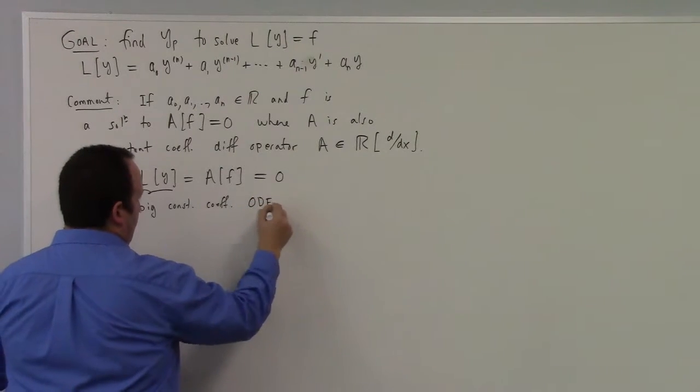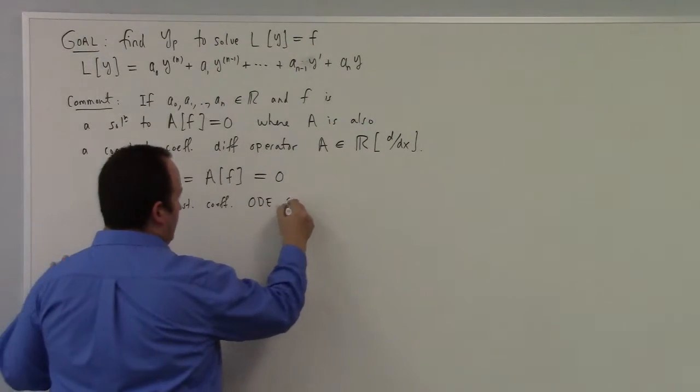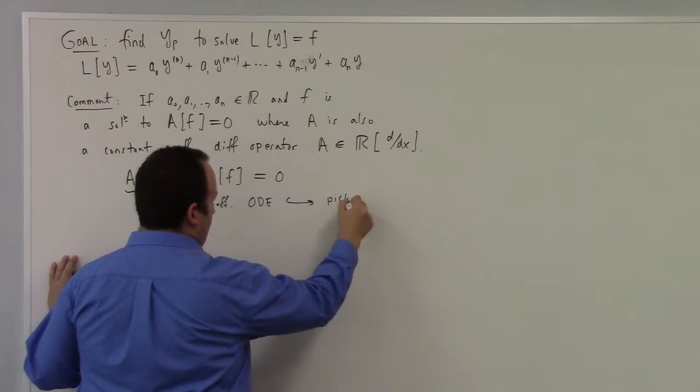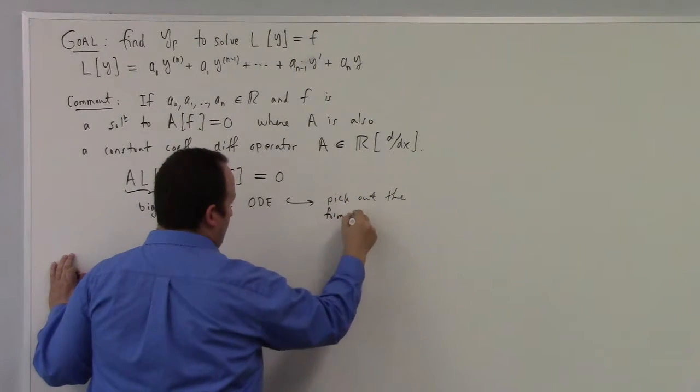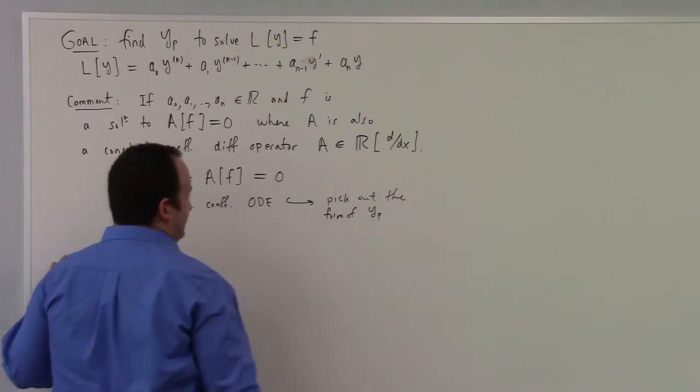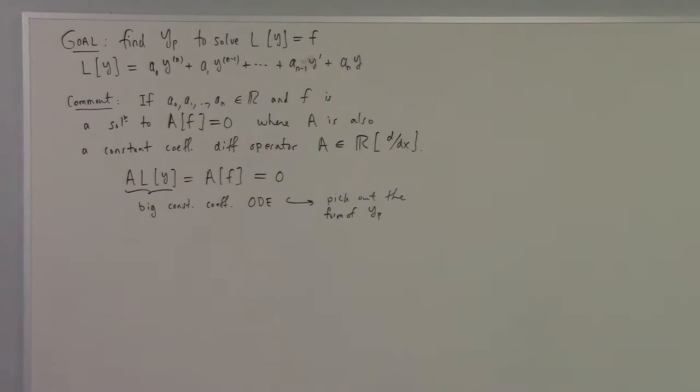ODE. And as we discussed last time, we can pick out the form of the particular solution from that. We did examples of that last time. But then Luke brought up the question, what if f was 1 over x?